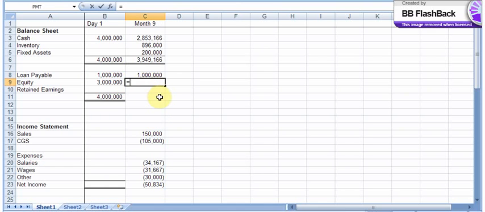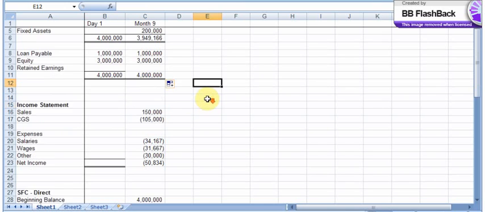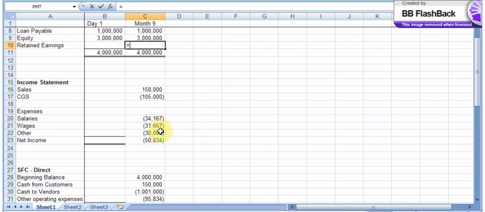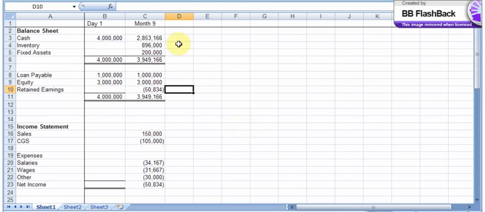We have equity, we want to be equal to this. And we can take a total here. And the thing that we're missing is retained earnings. So we need to tie this into the net income. So that's equal to that. And we have a balance sheet that is the same.